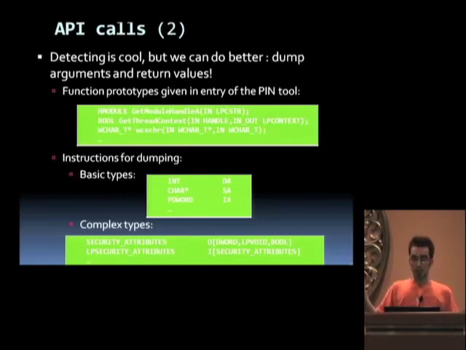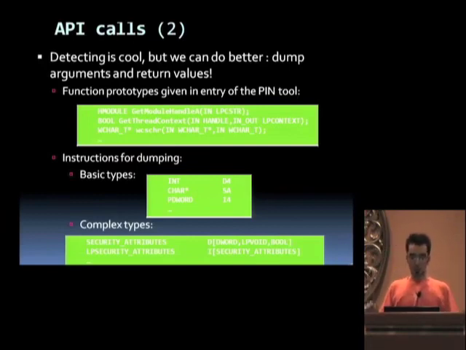If it's a char star, it's an SA. SA stands for ANSI string. In this case, the PIN tool takes the argument as an address to a memory area, which is a C string, so terminated by a null byte with ANSI characters inside. And finally, if it's a PDWORD, it's an I4, so indirect 4 bytes. It takes the argument as a pointer to a memory area of 4 bytes, and it dumps it like this.